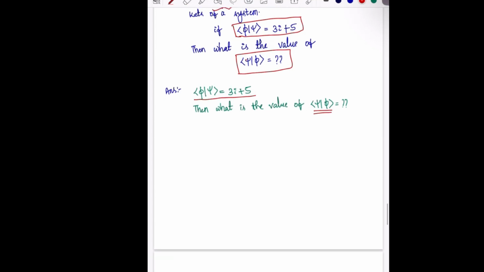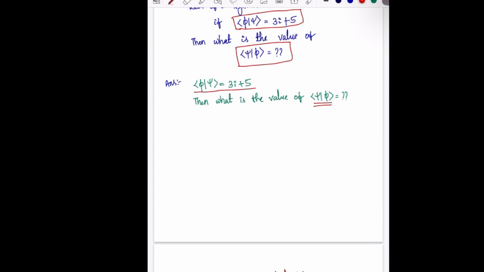You have known one of the properties of a linear vector space: if the inner product of one with the other is given, then the reverse inner product is nothing but the complex conjugate of the previous one. So this is one of the properties of a linear vector space.